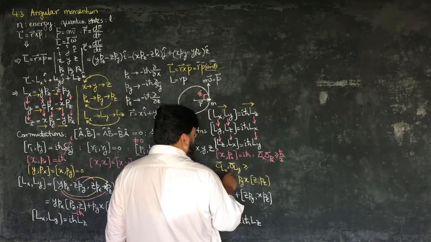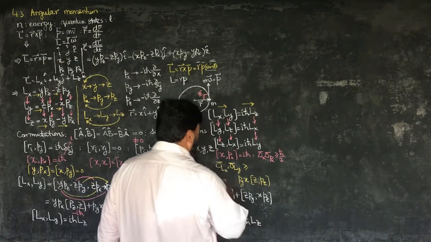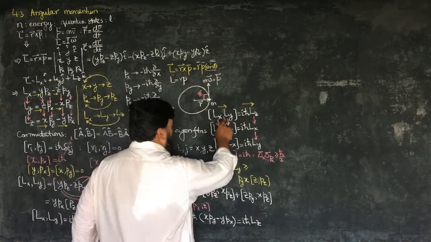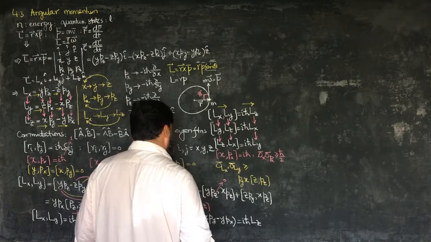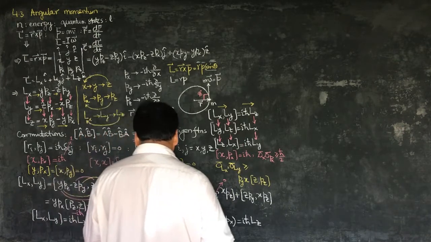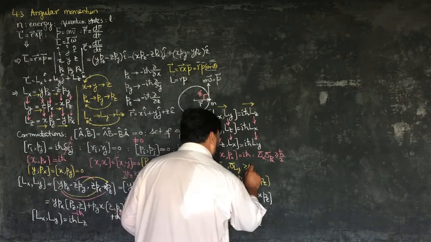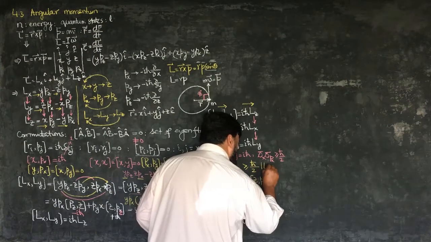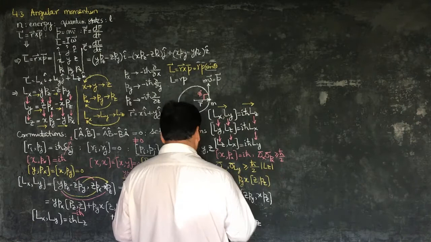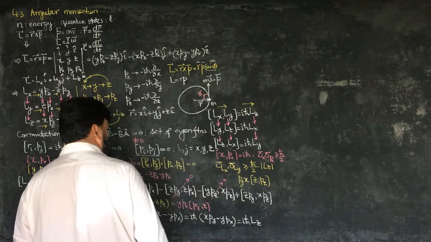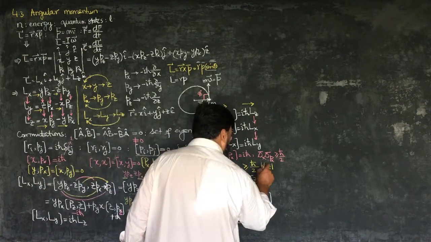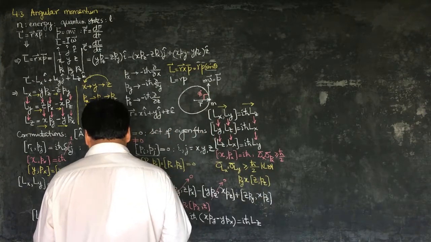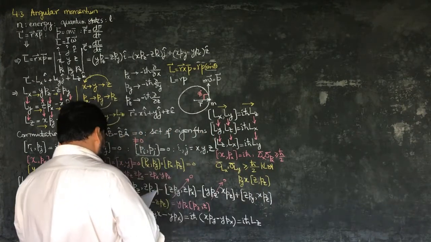Now, these both are actually the uncertainties in Lx and Ly because they are not commuting. Non-commuting operators will cause uncertainty. So this will be h bar over 2 and Lz, and this will be the absolute expectation value of Lz as well.